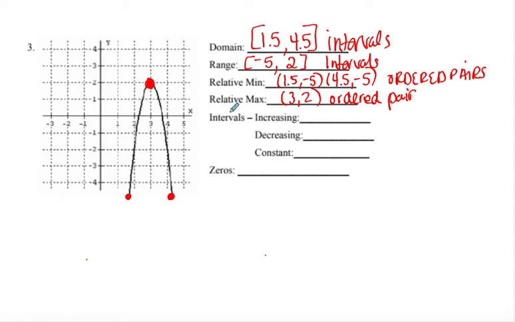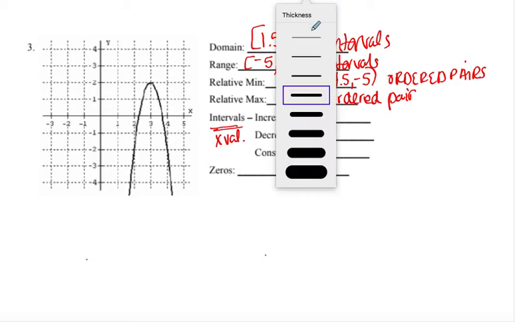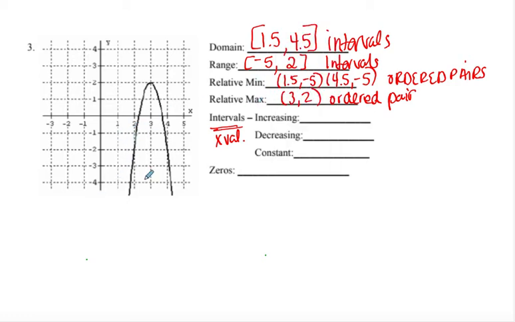Now let's talk about increasing. Remember, these intervals are going to be the x values. So where is it increasing? As I move from left to right, I'm looking for the places where it's going up. So as I move from left to right, I would go here. Definitely going up as I go left to right. And right there is where I stop, and then I start going down. So right here is where it stops increasing.